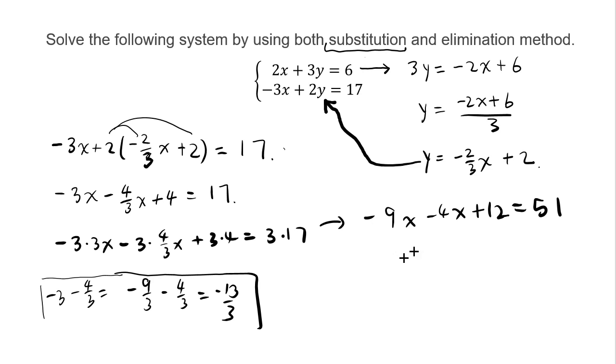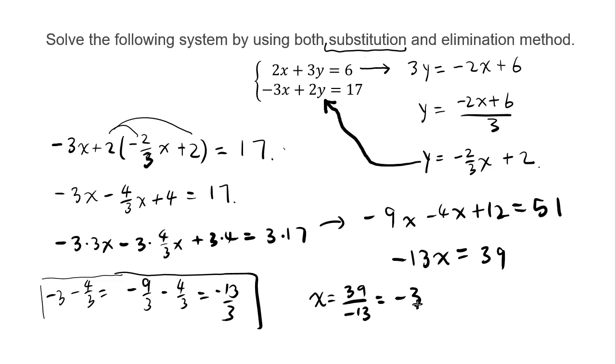Negative 9 minus 4x, that's negative 13x. And 12 should go to the other side because we're trying to solve for x. 51 minus 12 is 39. And then finally x is equal to 39 over negative 13. Well, 13 times 3 is 39, right?